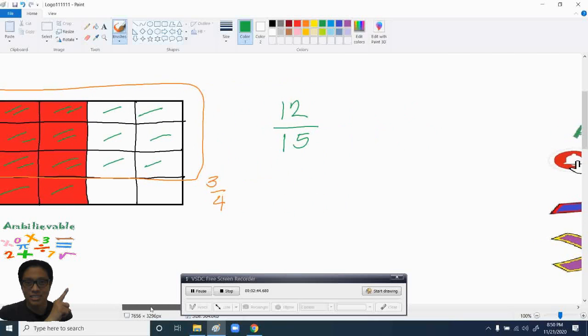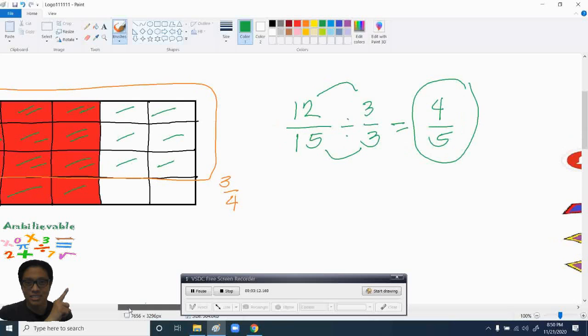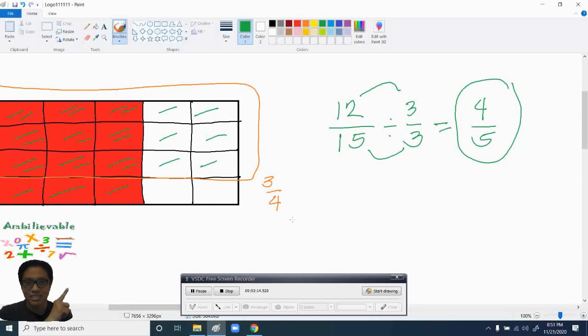Remember, one rule in fraction: if the fraction can be simplified, simplify it. Since 12 and 15 are divisible by 3, use 3 to simplify them. So 12 divided by 3 will be 4, and 15 divided by 3 will be 5, and that would be your final answer.